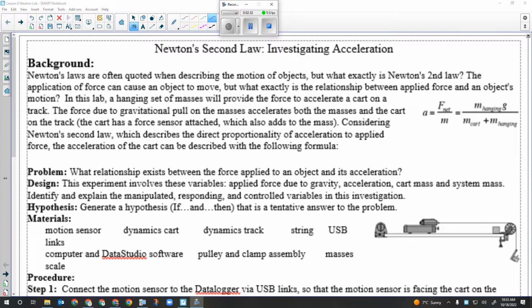Each run, more mass will be over the pulley, which should cause a greater what? So I'm looking for changes in velocity, I'm looking for changes in acceleration, by changing something these masses cause when they're hanging over the pulley.